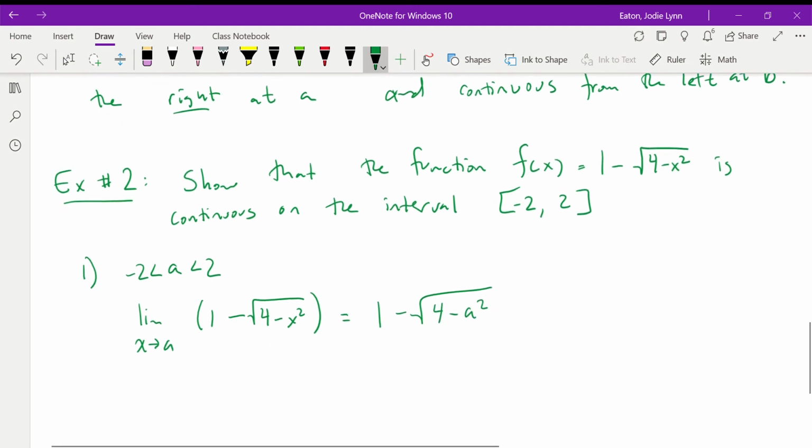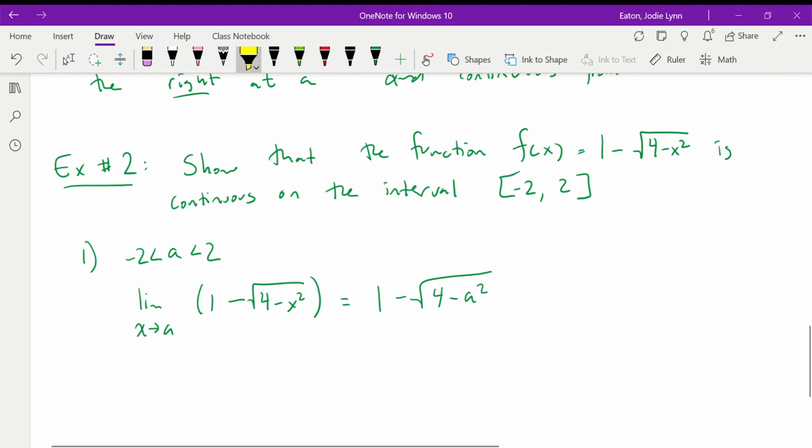The key thing here is that the expression under the radical is always going to be strictly greater than 0, because a has to be between -2 and 2. Anything between -2 and 2, when you square it, is going to be smaller than 4. Because this is always greater than 0, this limit exists and is equal to f of a, which proves continuity. There's no funny business happening with indeterminacy or anything like that.